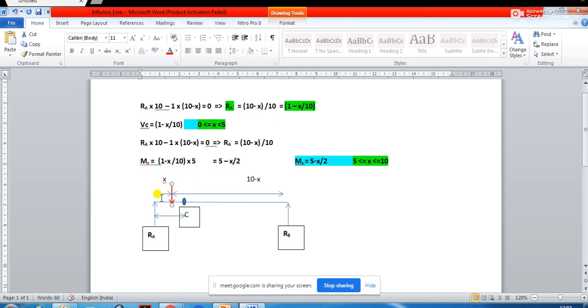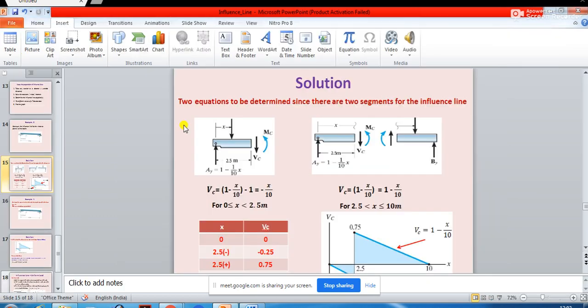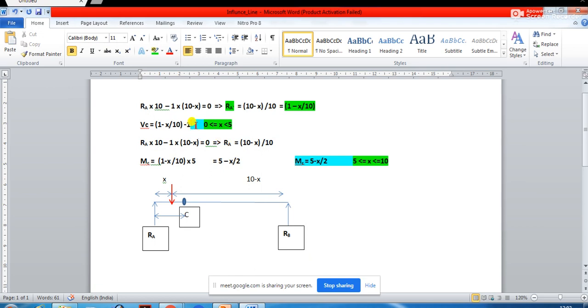What is the amount of load? This is unit load. So you will have to subtract it, right? Minus 1. That's what you will have to do. Here also I have written it the same way, right? And this will be valid for 0 to x to 2.5. So you see how much you are going to get. You are going to get minus of x upon 10. Is it clear? Minus of x upon 10. And where will it be valid?